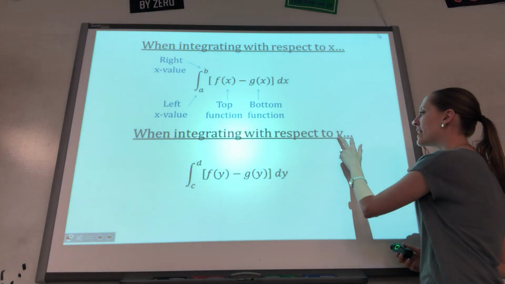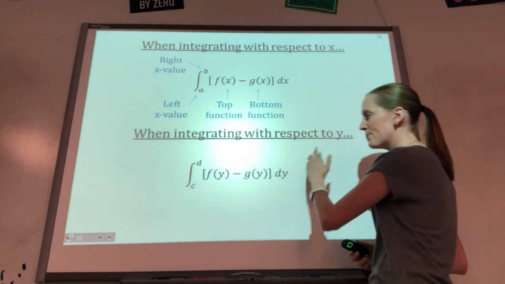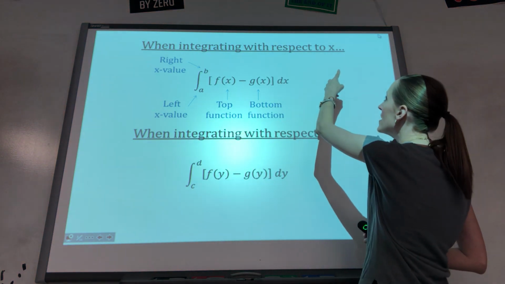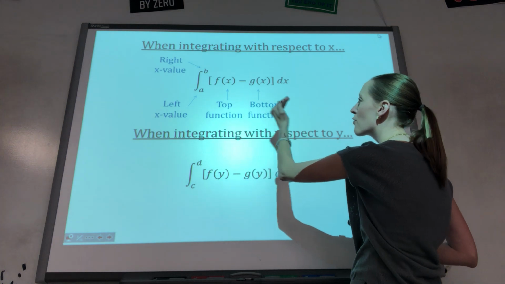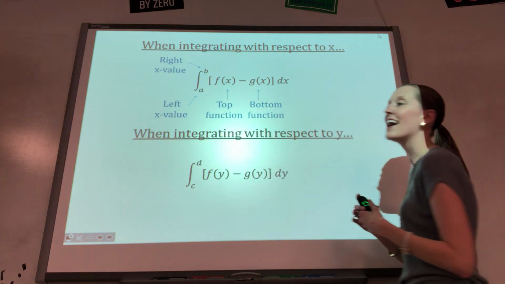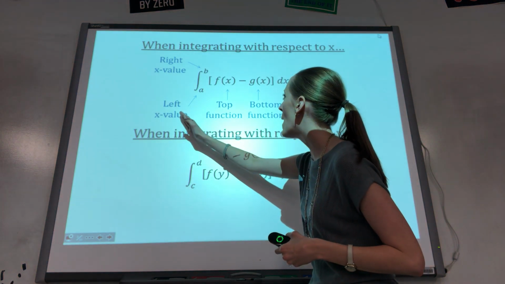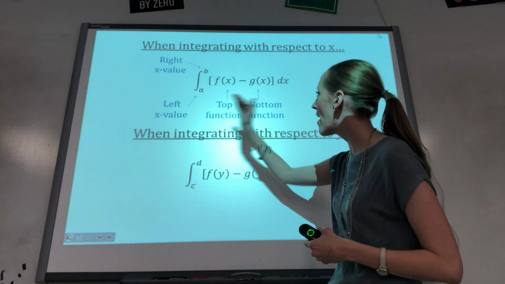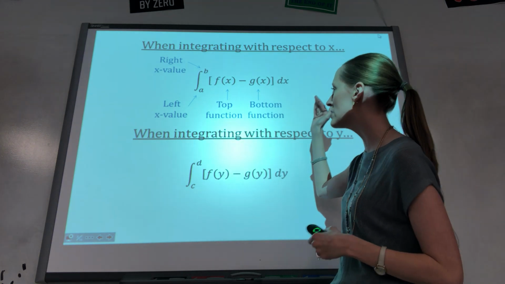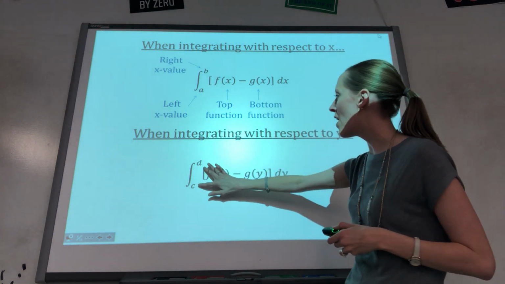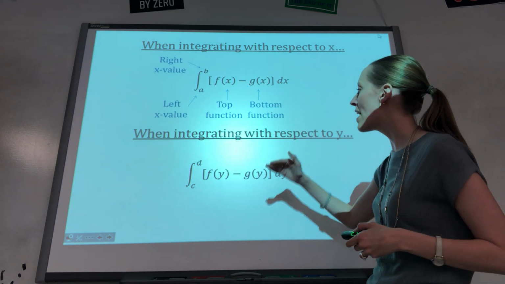If we're integrating with respect to y, think about the y-axis. Up here, we were integrating with respect to x. The x-axis goes left and right, so the upper and lower bounds were the left and right x values. Well, with respect to y, the bounds are not going to be left and right anymore.